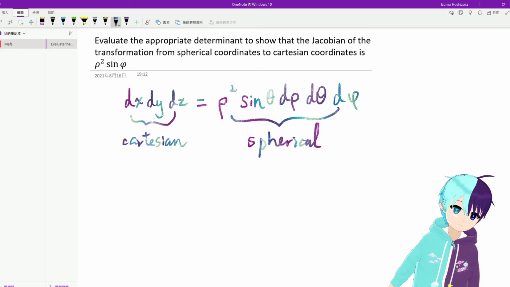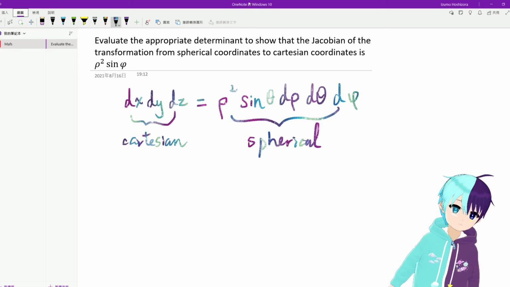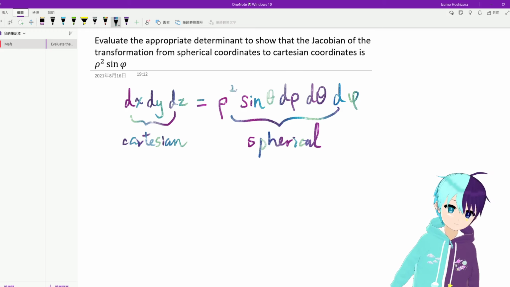Evaluate the appropriate determinant to show that the Jacobian of the transformation from spherical coordinates to Cartesian coordinates is rho squared sine phi. So first of all, we already know how to represent Cartesian variables in terms of spherical variables.